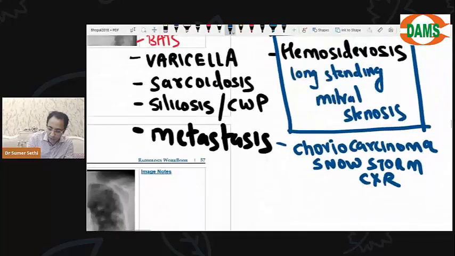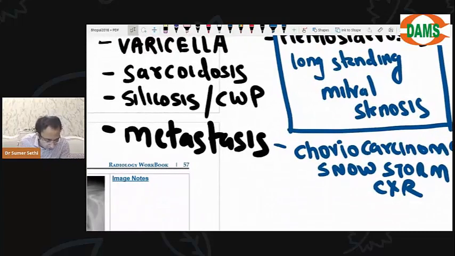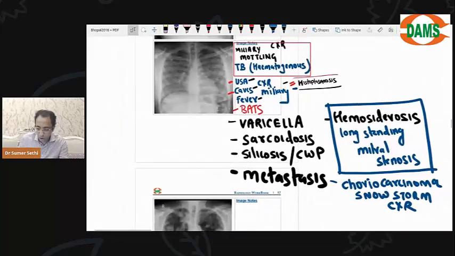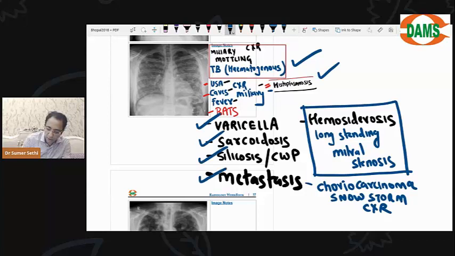So not always it is infective. Even metastasis can look like miliary appearance, especially from choriocarcinoma, where we use a word snowstorm appearance. So always remember TB, but don't forget histoplasma, varicella, sarcoid, silicosis, metastasis, and hemosiderosis as causes.